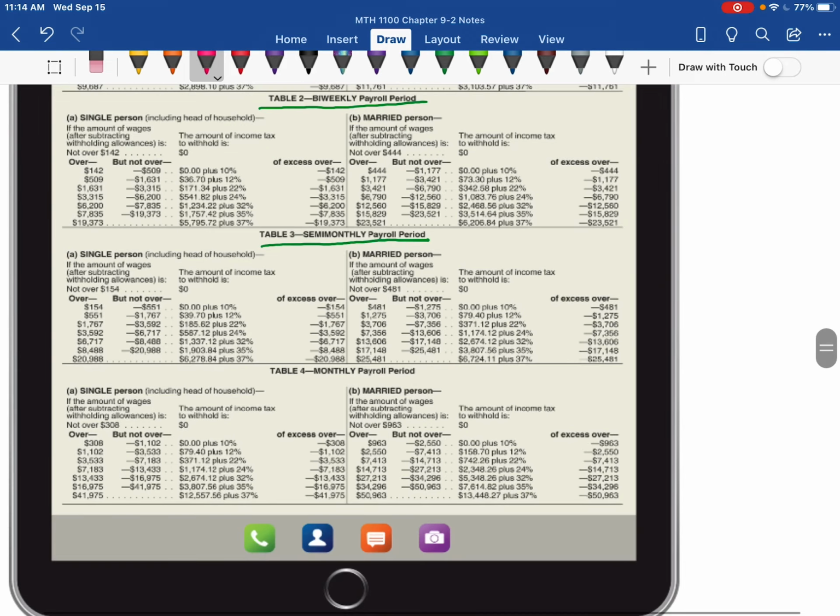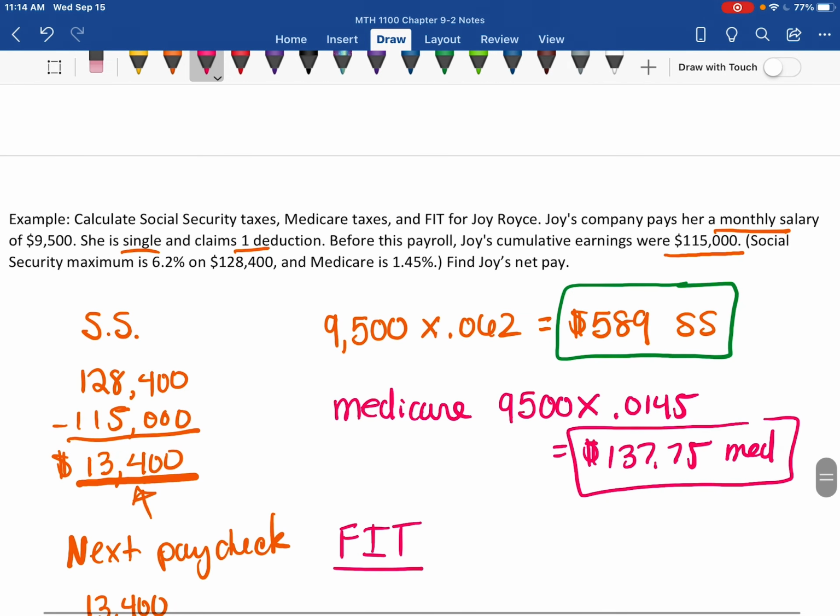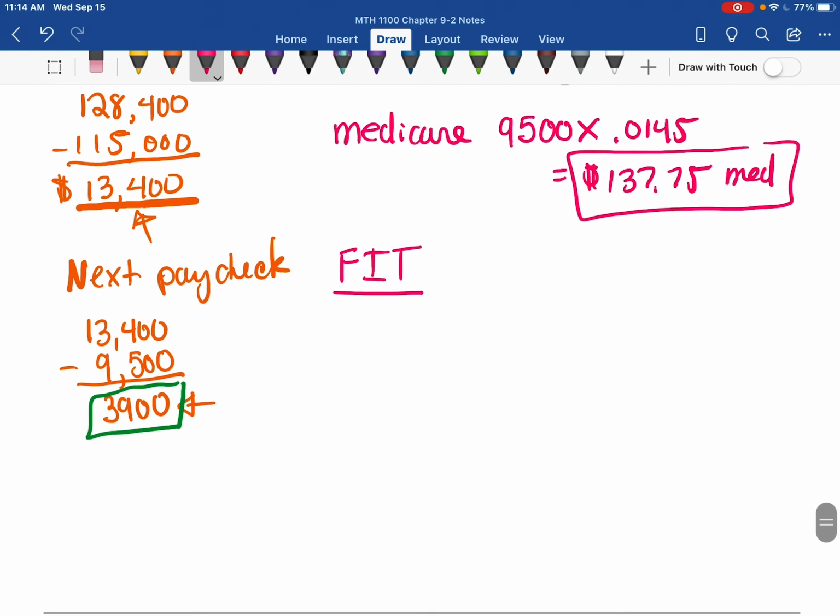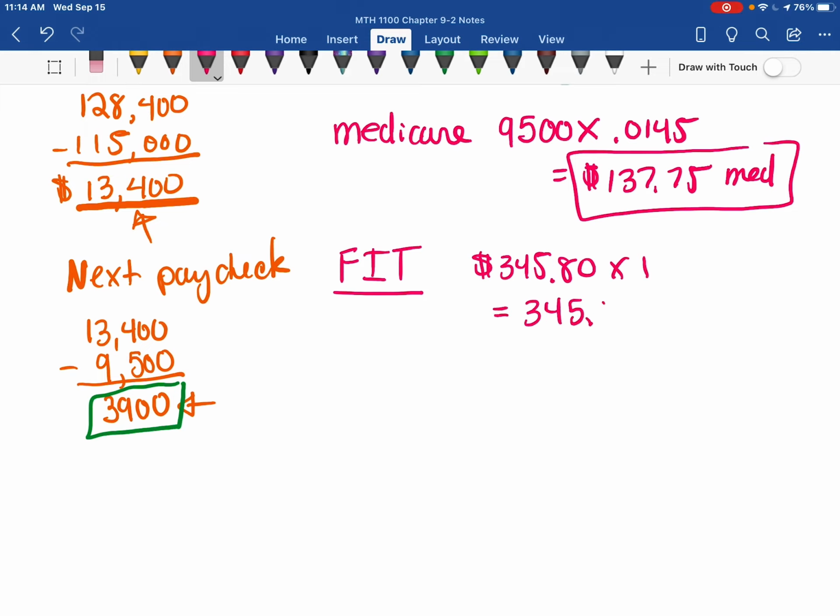Scroll back down. Sorry if I'm making you dizzy. She claims one allowance, so I'm going to take $345.80 times 1, which is just $345.80. So this is her allowance.